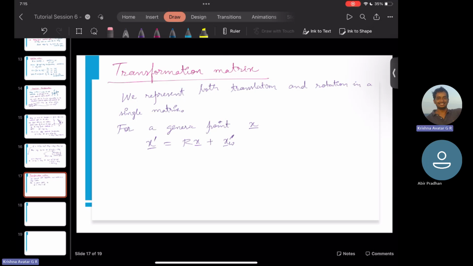And we could also add something called 1 is equal to 1. These two can be combined.